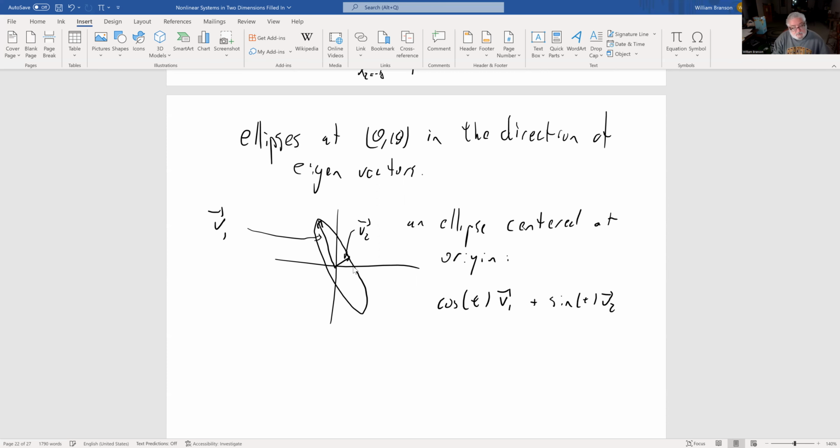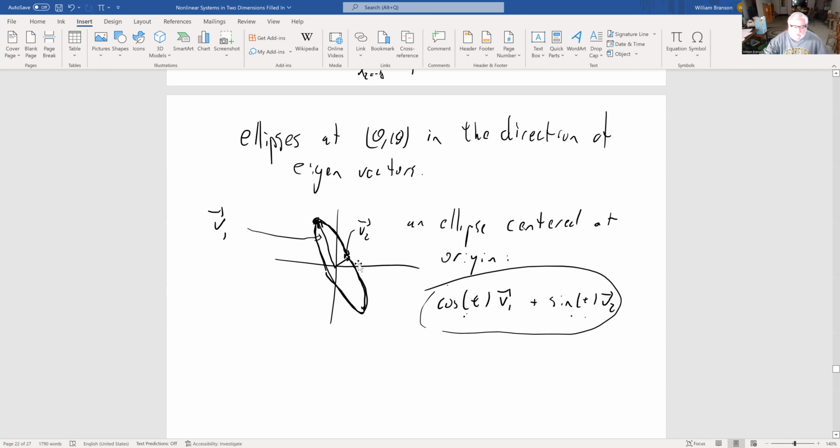When t is equal to 0, you're here. When t is equal to pi over 2, this term is 0, but that term is 1, so you come down here. When t is equal to pi, this is -1, this is 0. That brings us down to this side and then back around. So that's the basic idea of an ellipse centered at the origin.